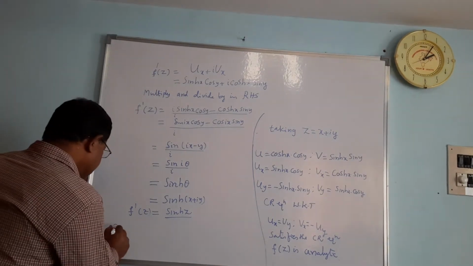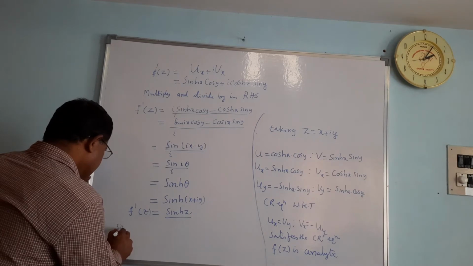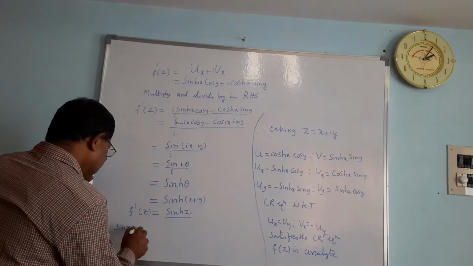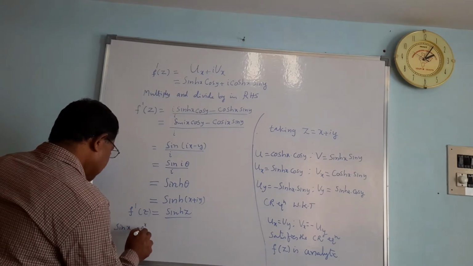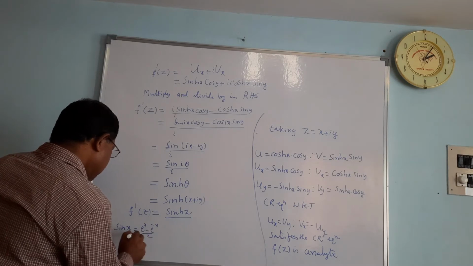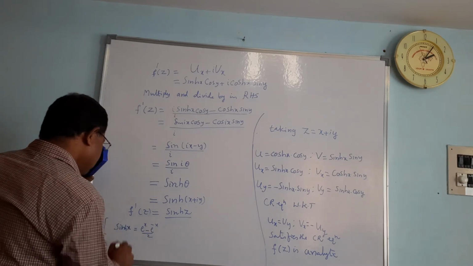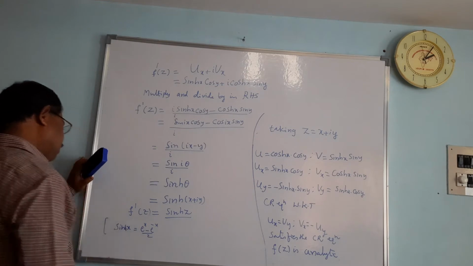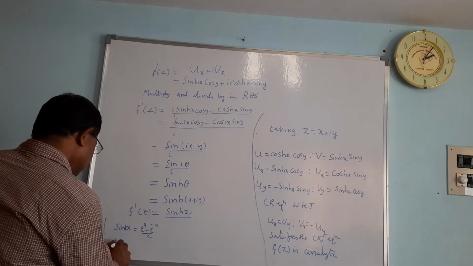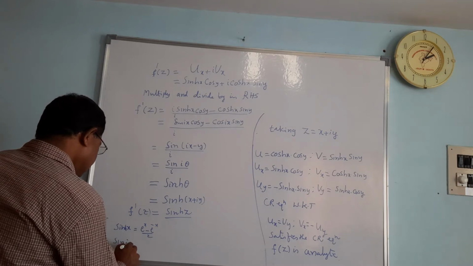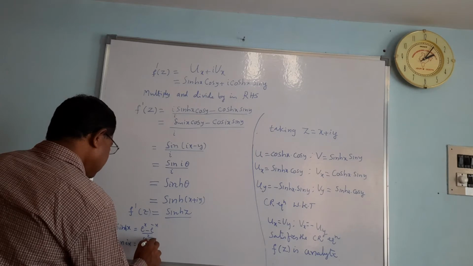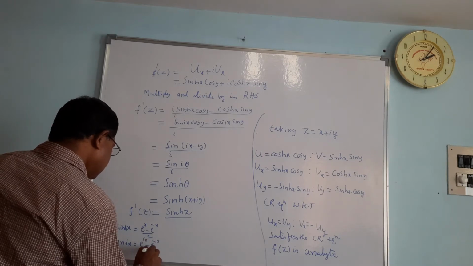What is sin? Note: sin x is e to the power of ix minus e to the power of minus ix by 2i.